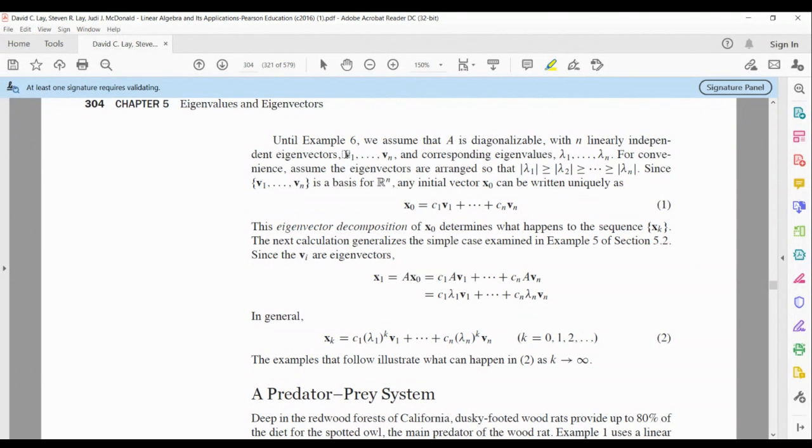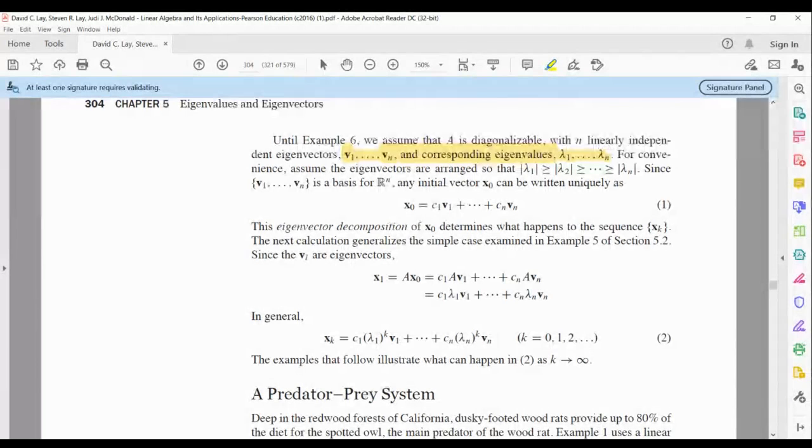When you have a matrix A, you find eigenvectors and eigenvalues.